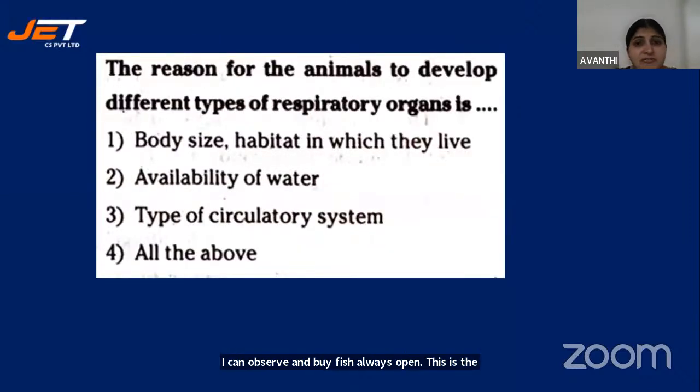Next, the reason for animals to develop different types of respiratory organs. Why are all animals not having only one particular respiratory organ? The reason you have to give: it depends on body size, habitat in which they live, availability of water, the type of circulatory system, all the above. What's the answer, children?